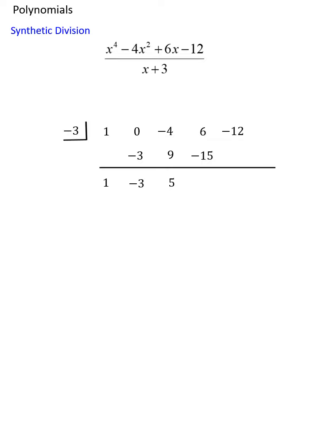And the process continues. Adding the next column, and then multiplying that result by the corner. Ending with the addition of the last column.